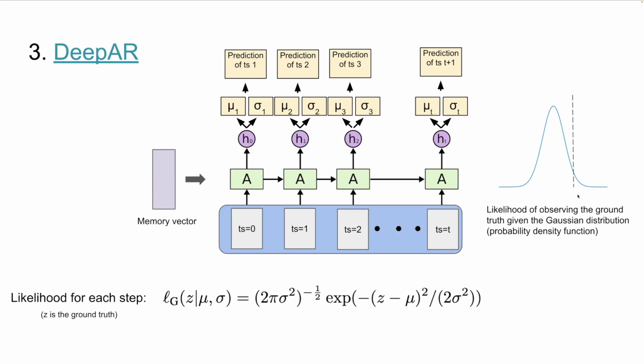Based on the ground truth that we actually observe, we can see what's the likelihood, given this Gaussian distribution that we computed, of observing this ground truth. And this is where this likelihood function is coming from. So it's the same as the simple Gaussian distribution here.